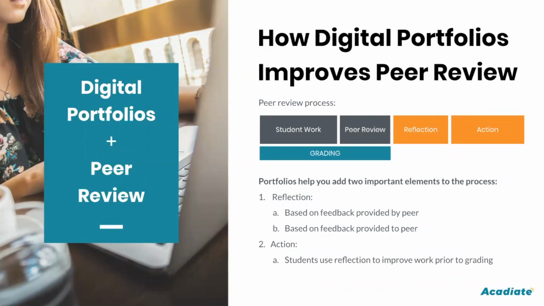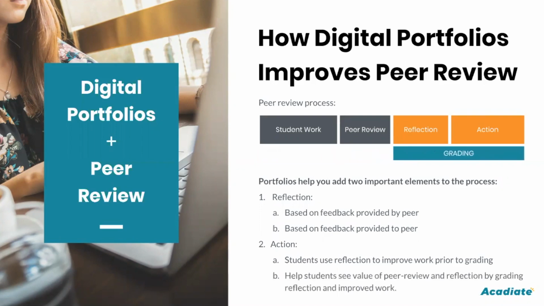And as we know, for a lot of students, grades are somewhat the currency within higher education for what defines value. This also helps academics move the grading process from the student work and the peer review to the reflection and the action elements of the assignment, which really leads to higher quality student work at the end of the day.